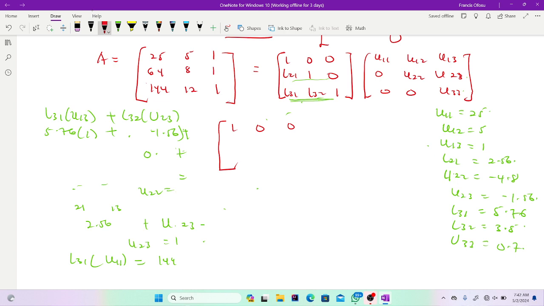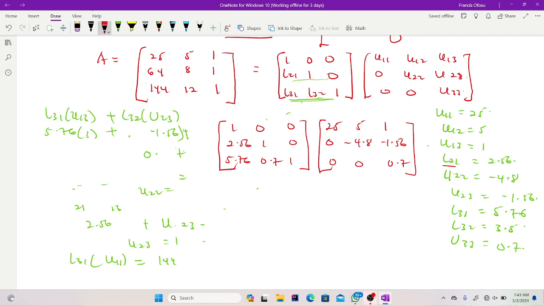L21 is giving us 2.56. L31 is giving us 5.76. L32 is giving us 3.5, then 1, then here is 0, then 1. I'm done with my L. So my U comes with U11 as 25, 5, 1. Then 0, my U22 is negative 4.8. Then my U23 is negative 1.56. Then 0, 0, and I'm having 0.7. So this gives us our LU decomposed form, and we're almost done.